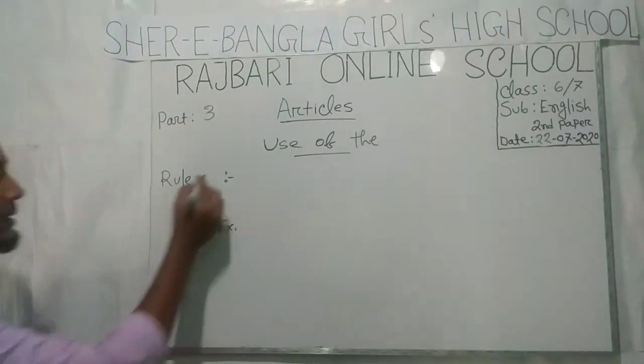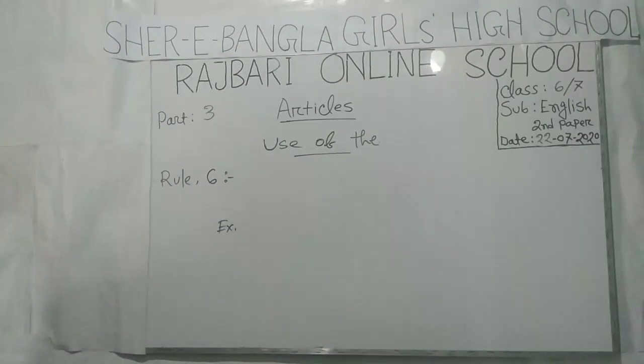Now we will learn about rule 6. If you see the name of a newspaper, you know that in our everyday life we read newspapers for different information, and we get a lot of information from the newspaper.